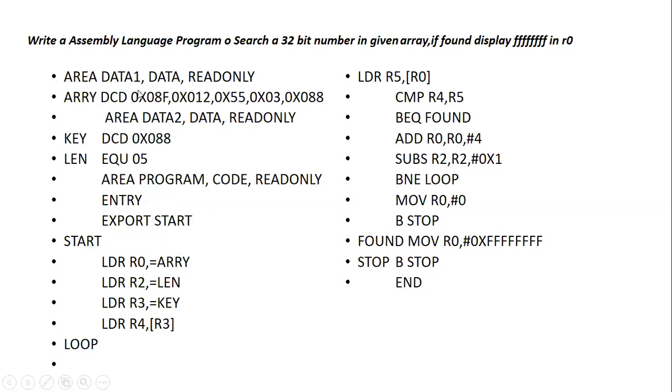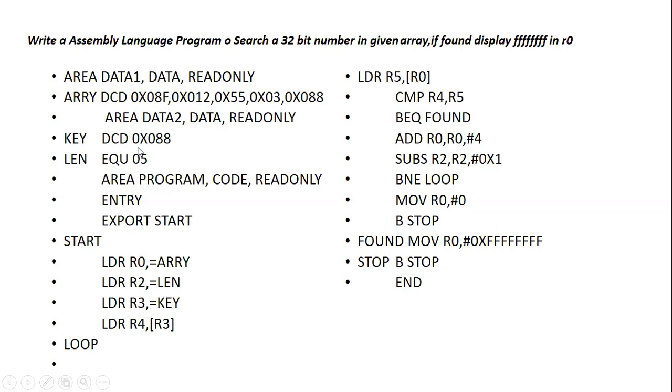Once you give it, the starting address will be pointed to by the R0 register. Next, the length will be stored, allocated to R2. The value of the length is stored in some memory location and it is named as LEN, that is allocated to R2.